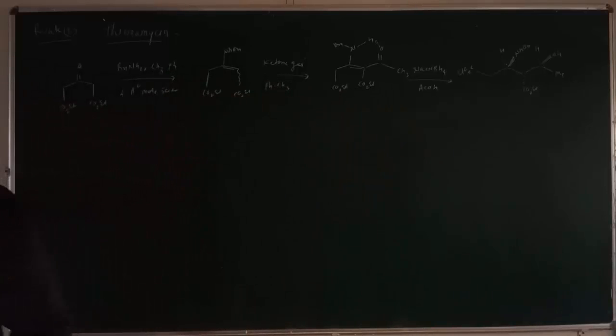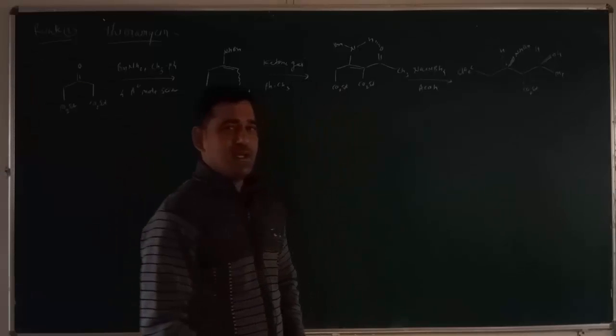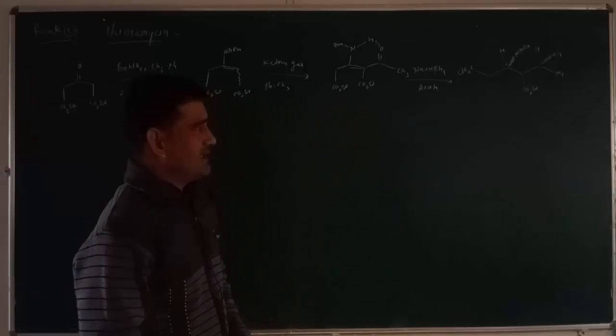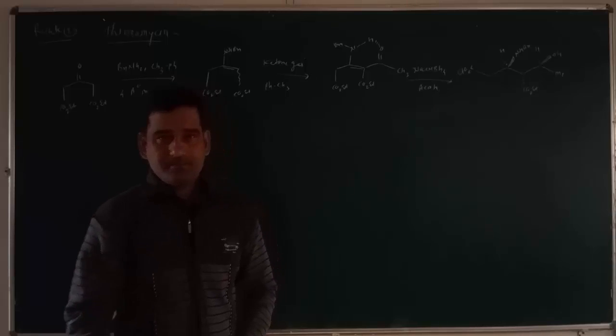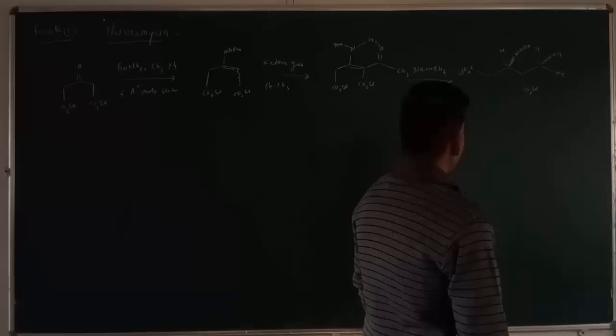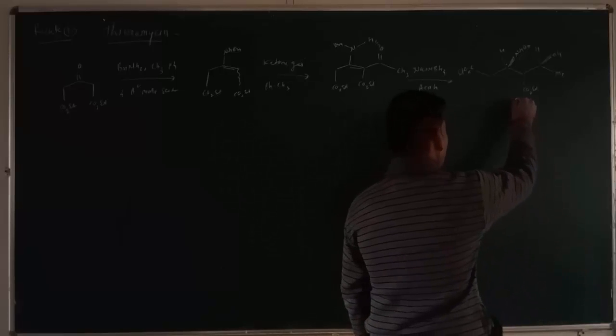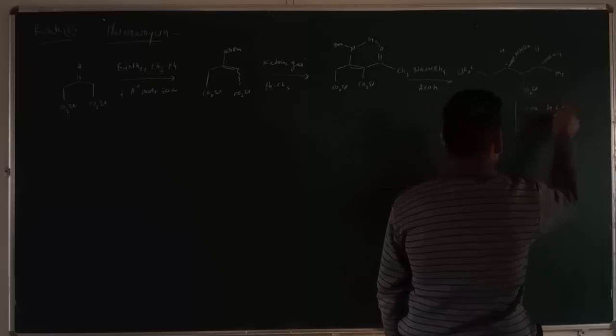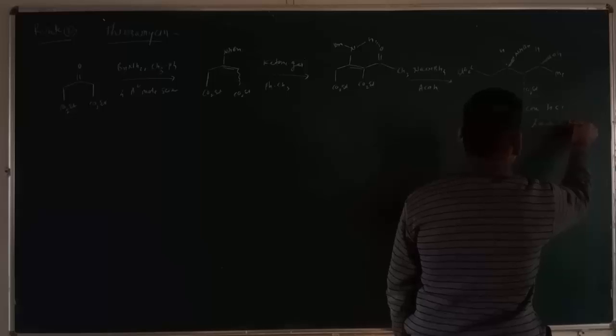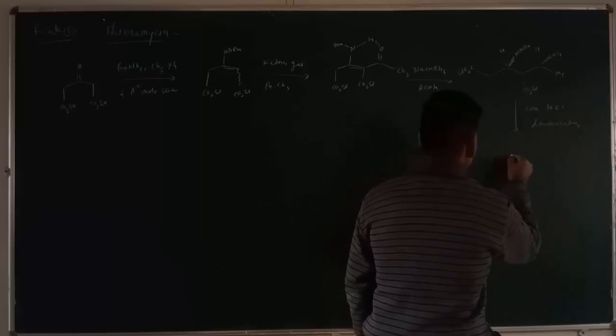This intermediate will be obtained in the racemic form. Then this compound undergoes lactonization in the presence of concentrated HCl, and after lactonization it gives a compound like this.